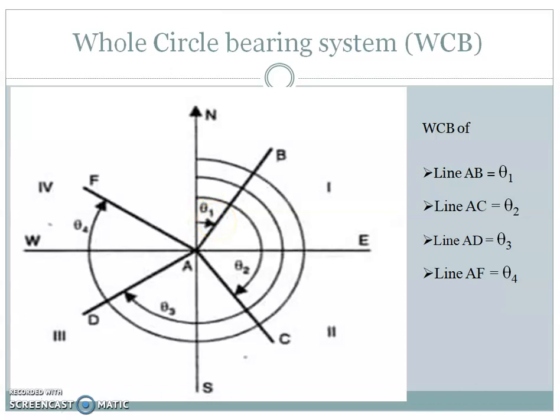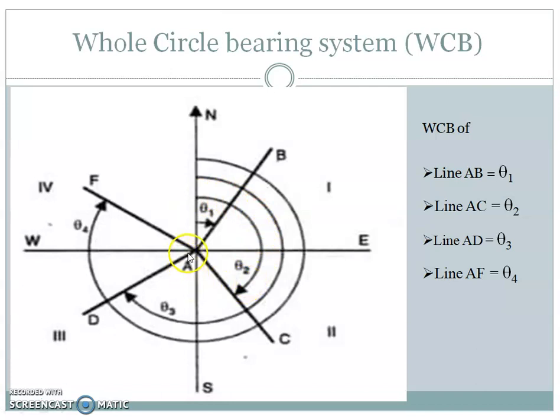The whole circle bearing of line AC is θ2. This angle is measured again from the north, the magnetic north basically, not true north. It is with respect to the magnetic north.